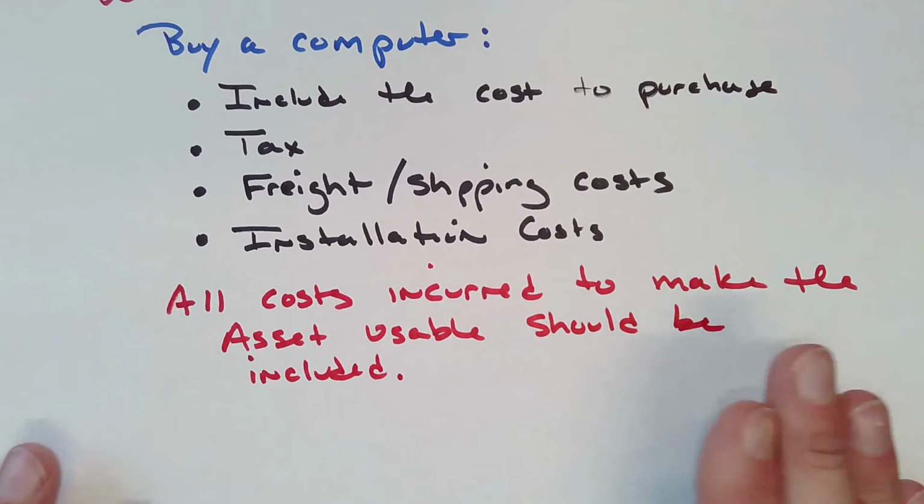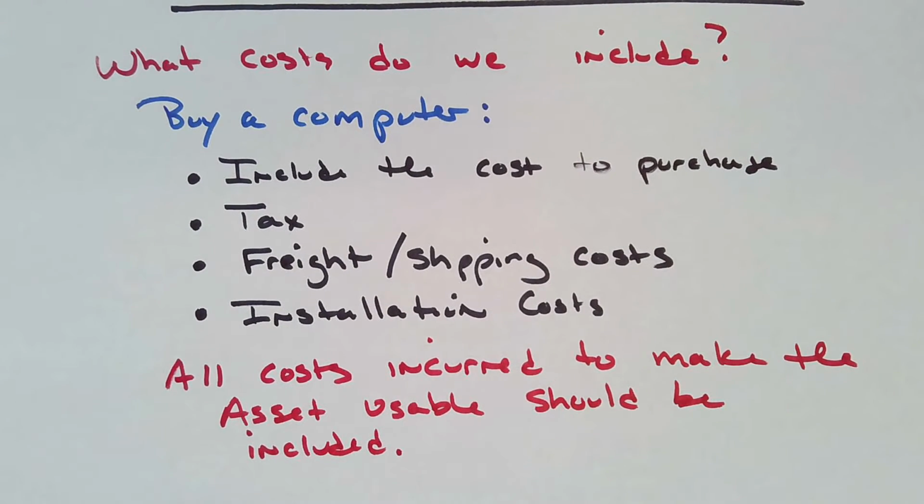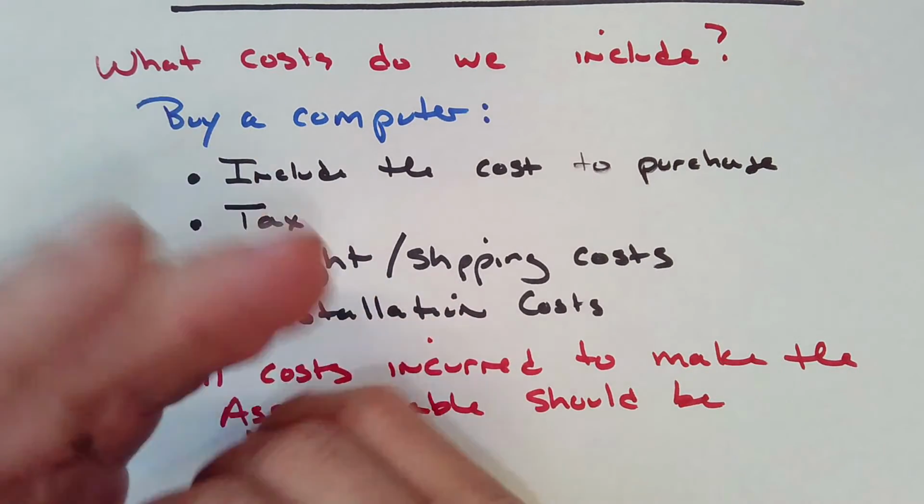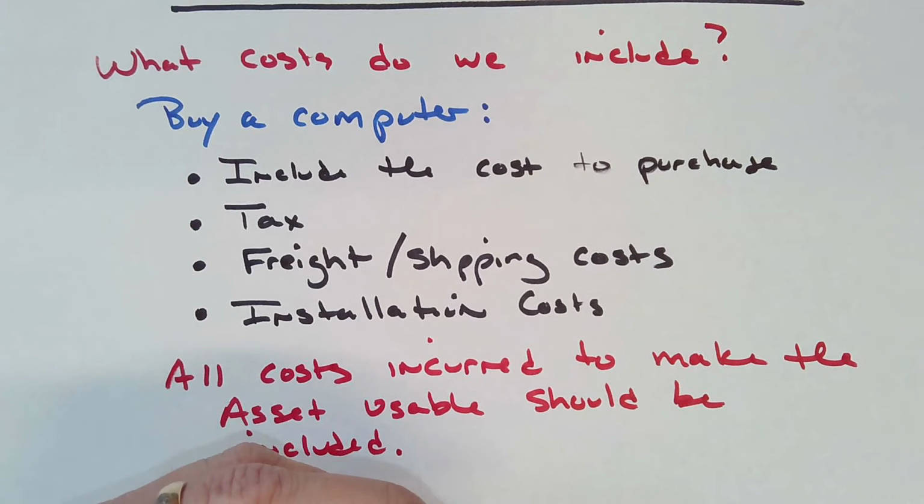So if we were building a building, the raw materials cost of building the building, the labor to build the building, the land, the permitting to build the building.